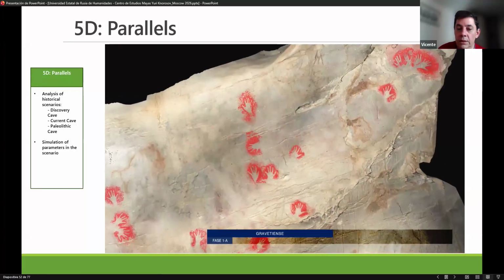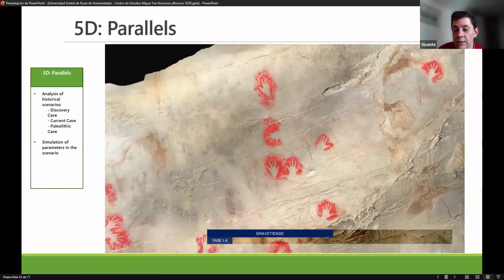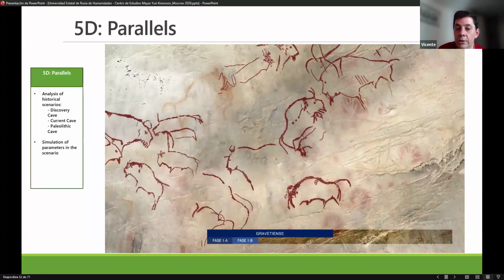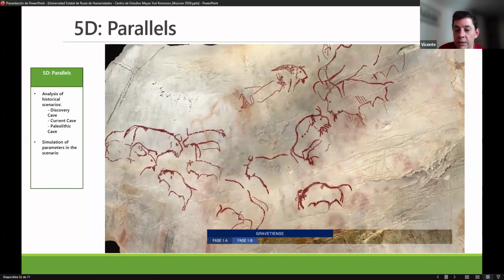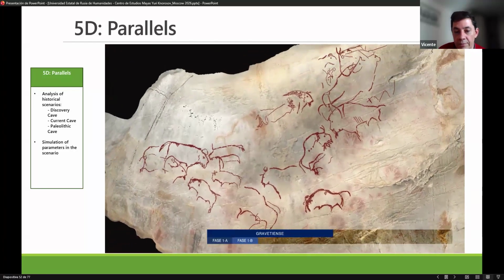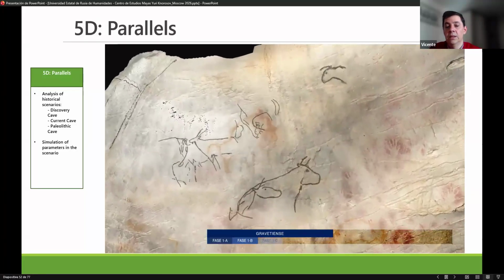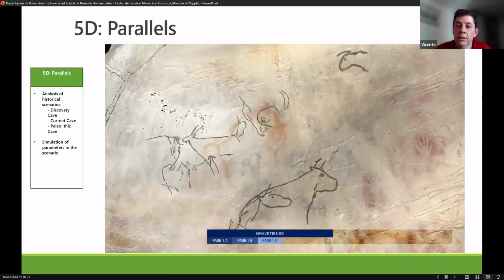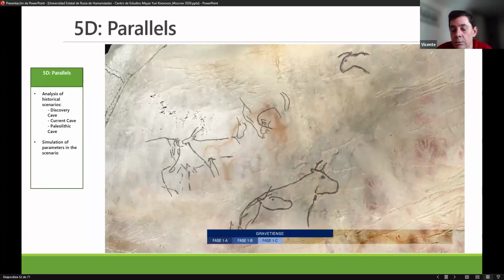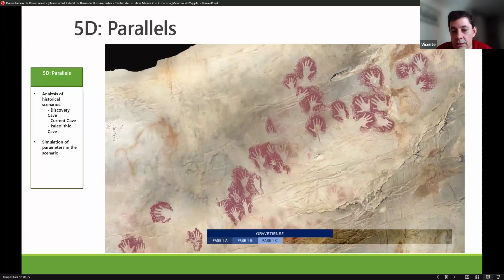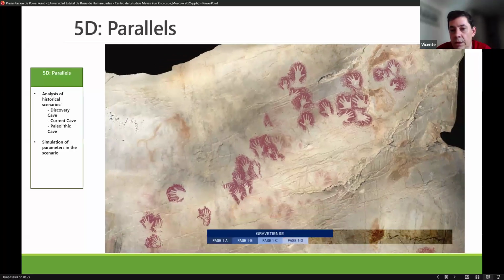This is the Panel de las Manos in El Castillo Cave. This is the oldest painted. Later, these animals were painted. Later, after these animals, these green animals, these black animals were painted. These are not visible to an RGB camera because the stretch cannot give you any information about that.